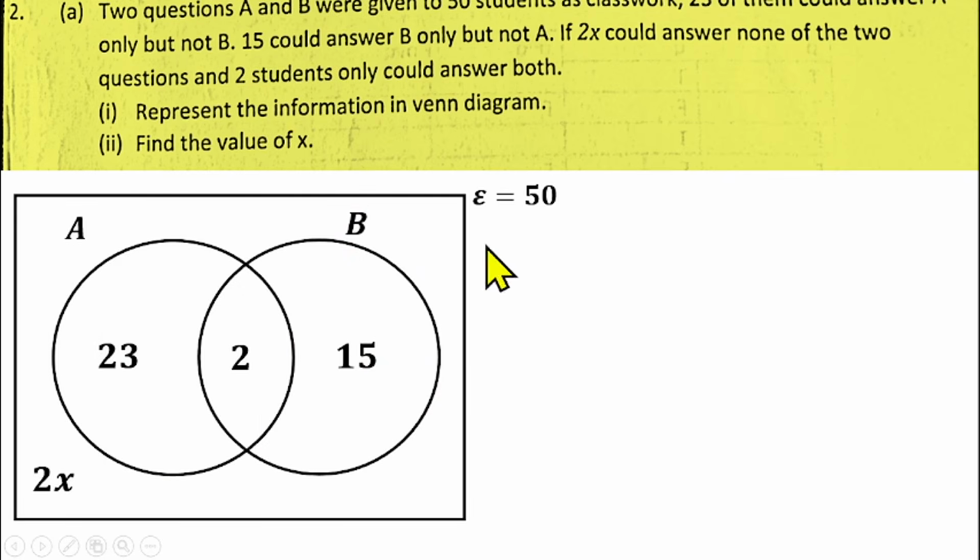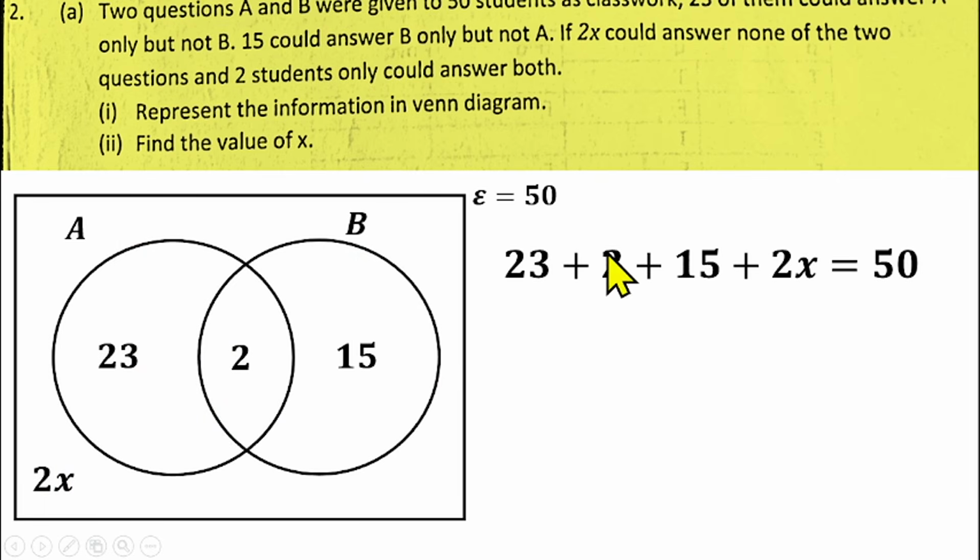From there you have to find the value of x. So the union of A and B plus the complement of A union B, which is 2x, will give us 50. So that means we'll be having 23 plus 2 plus 15 plus 2x equals to 50. Collect like terms: 23 plus 2 gives us 25, plus 15 gives us 40, plus 2x equals to 50.